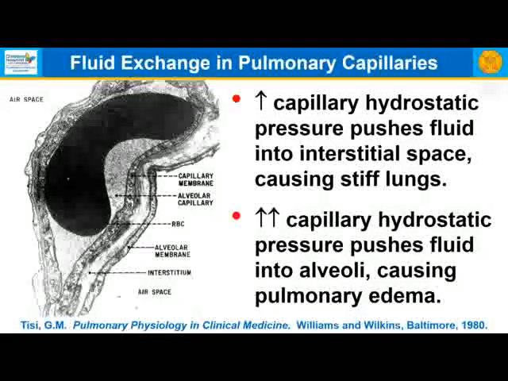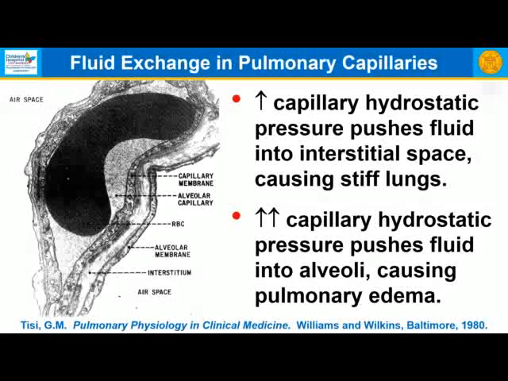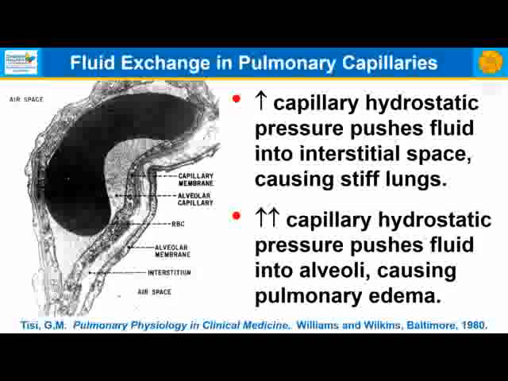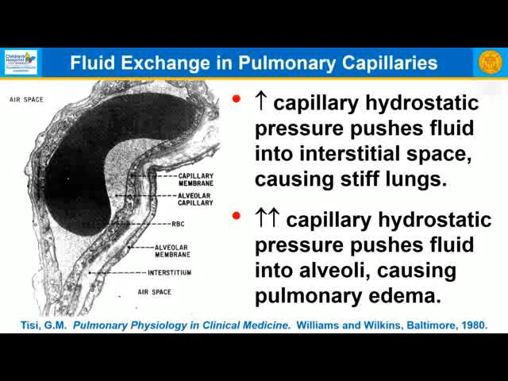Increased capillary hydrostatic pressure pushes fluid into the interstitial space, and this causes stiff lungs. A significant increase in capillary hydrostatic pressure pushes fluid out even into the alveoli, causing pulmonary edema.